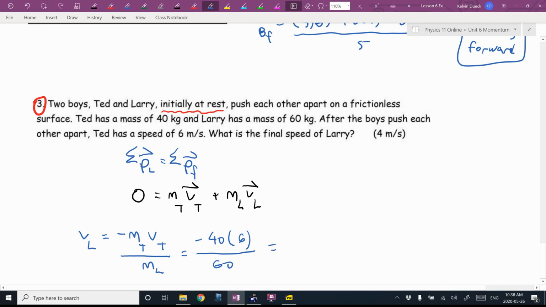Oh, I can do that in my head, I think. Yeah, this is going to be 40 divided by 10. I get negative 4. Now they wanted just the speed, so 4 meters per second. The negative just means it's in the opposite direction of Larry, or the opposite direction of TED.